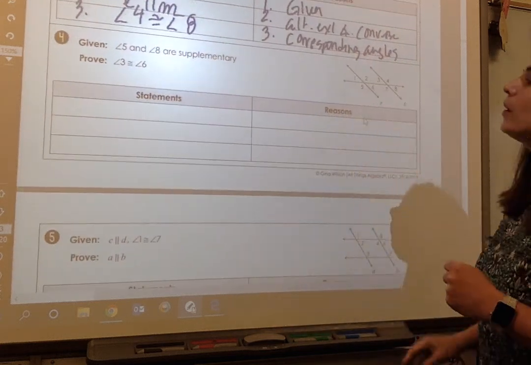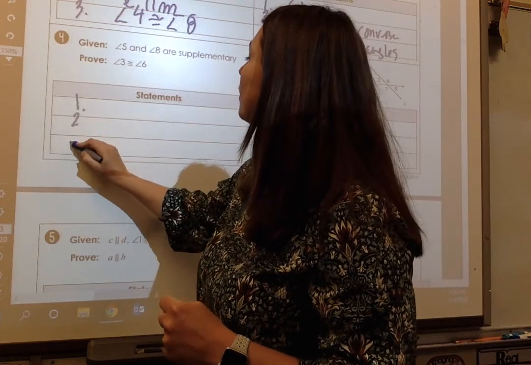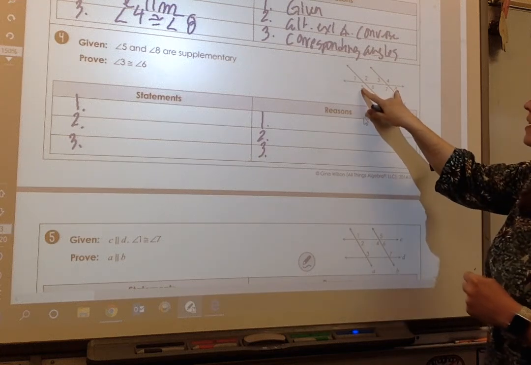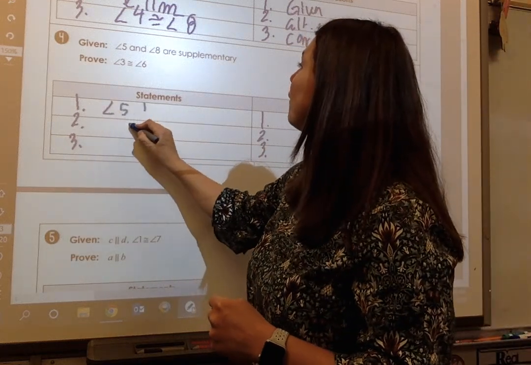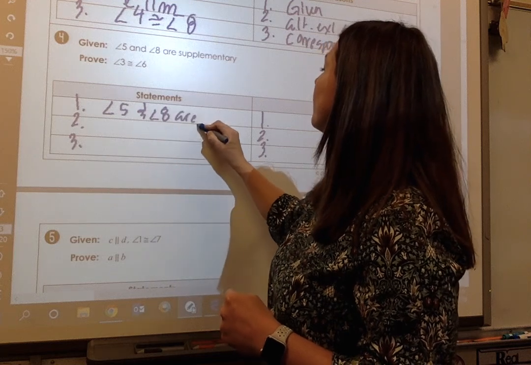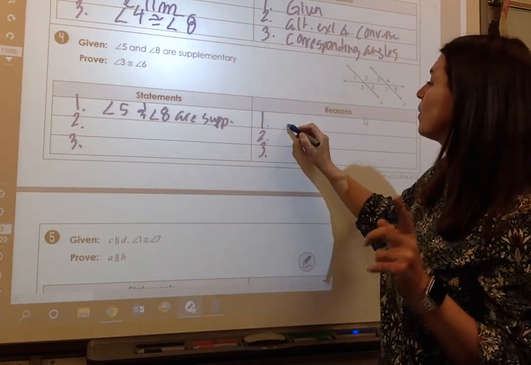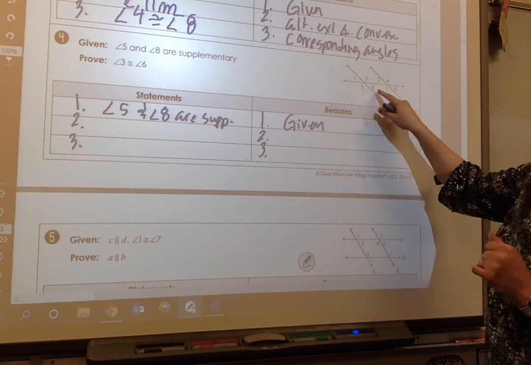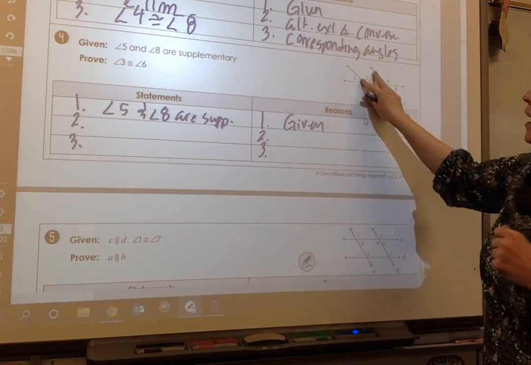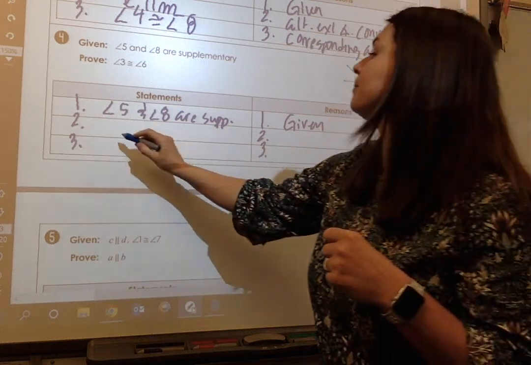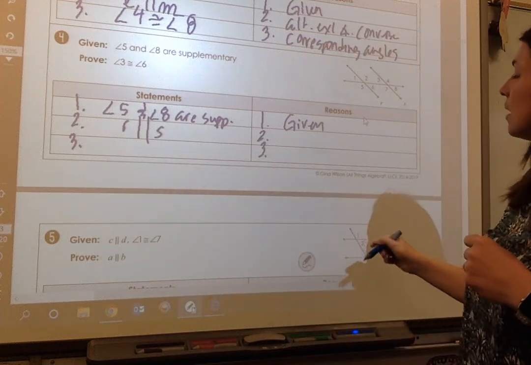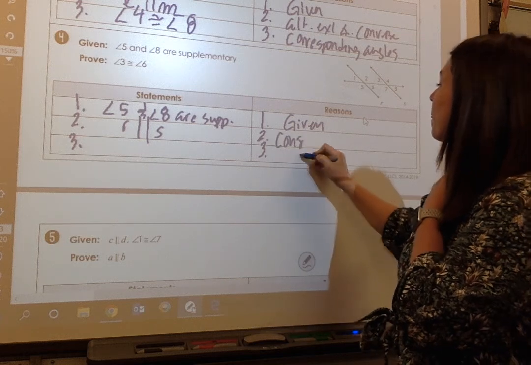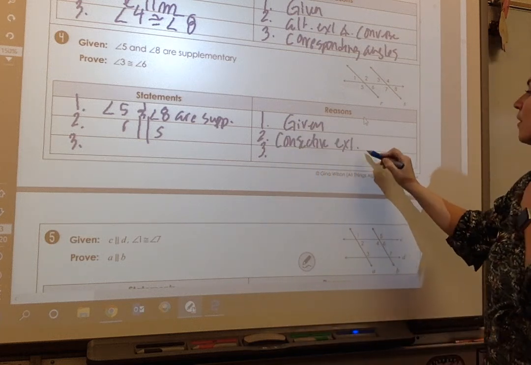Let's look at number 4. Angle 5 and angle 6 are supplementary. That's given. Again, I'm abbreviating, you are not. Angle 1 is given. So now that angle 5 and angle 6 are supplementary, I know that lines R and S are parallel because of the consecutive exterior converse.